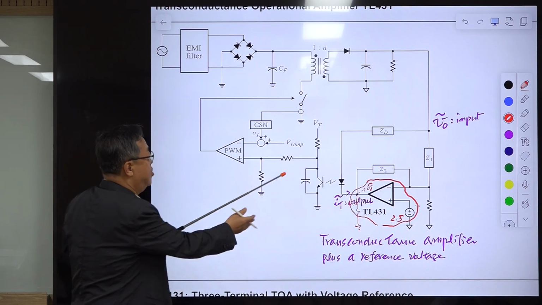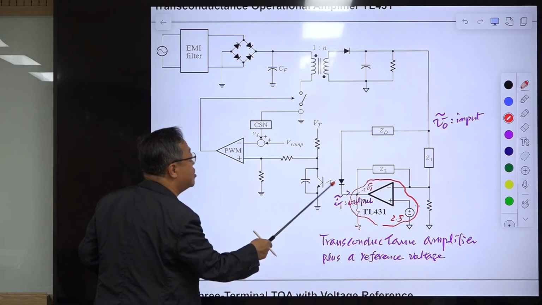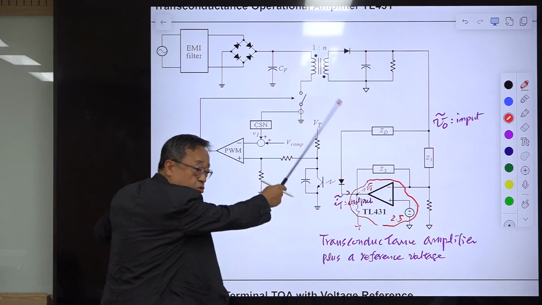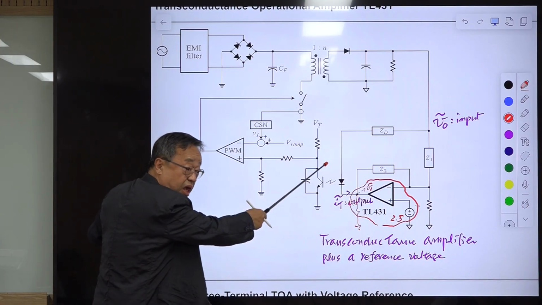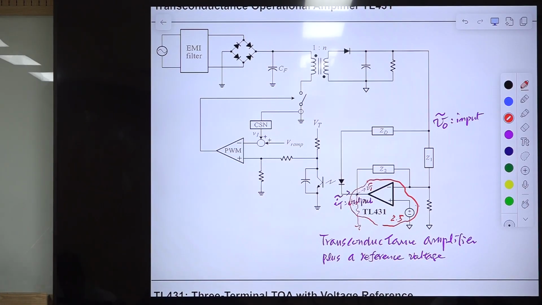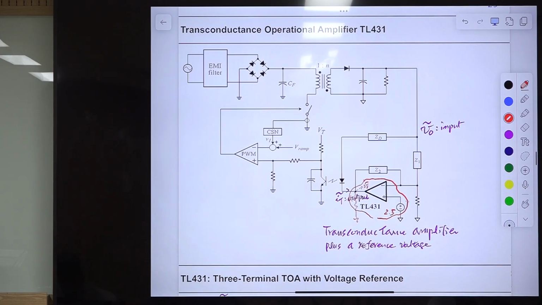So we are sampling this current, and making use of that signal for the negative feedback mechanism. In that sense, this device is also called a shunt regulator. Okay, understand this? All right.